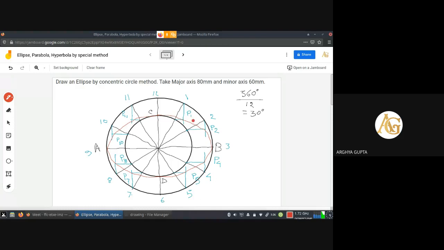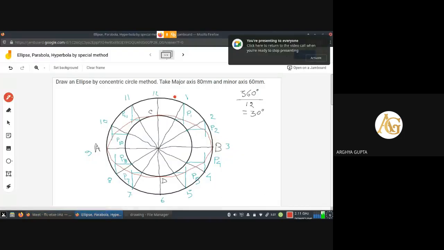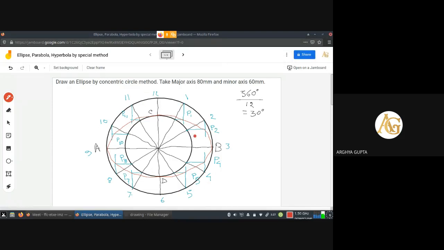Other than this curve, all the other lines are construction lines. Please remember that. All the construction lines will be thin, and only the curve will be dark. So please remember that only the curve will be dark, and all the remaining lines are construction lines. So these are thin lines.